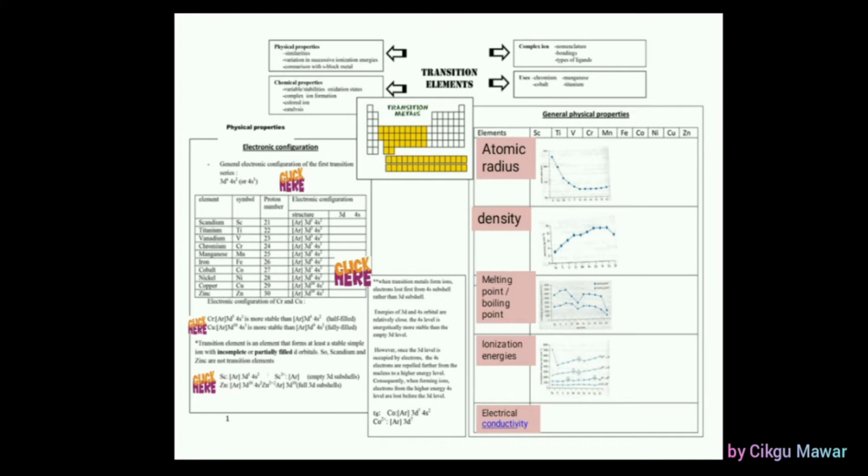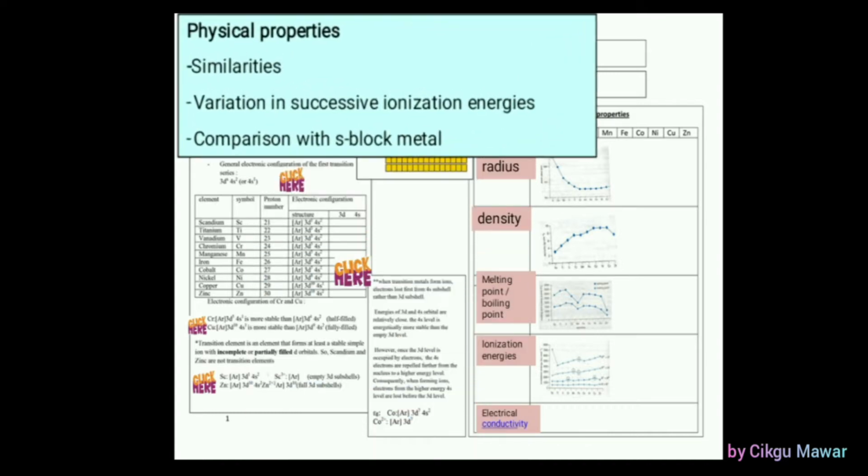Here is the mind map for the overall physical properties. Basically I divide the transition element into 4 parts. The first part is physical properties. It contains similarities between the elements, variation in successive ionization energies, and comparison with S-block metal.